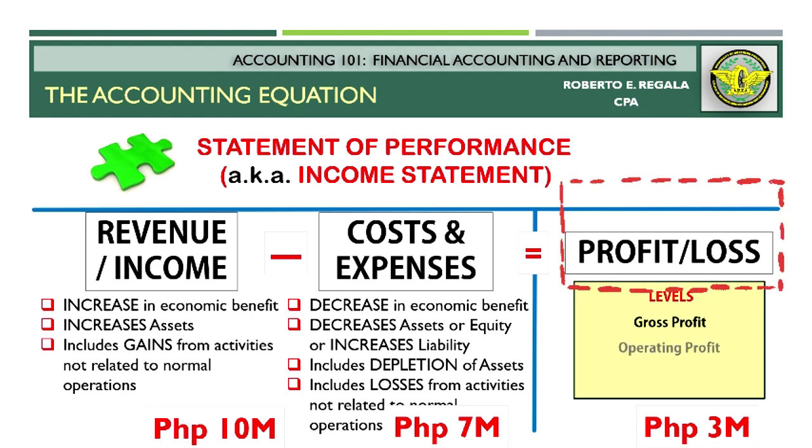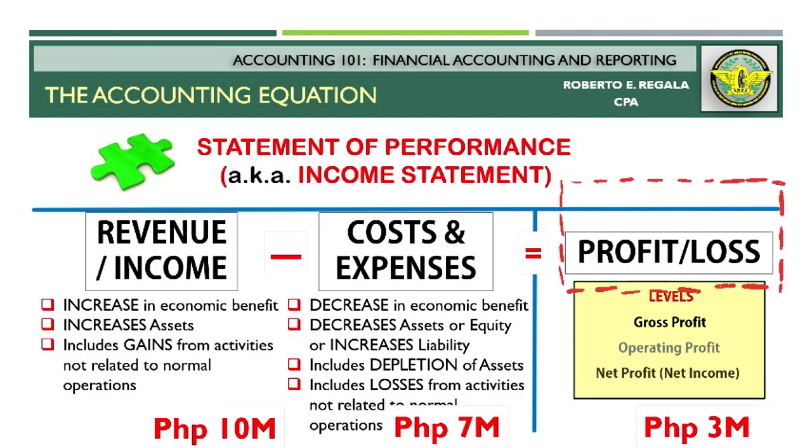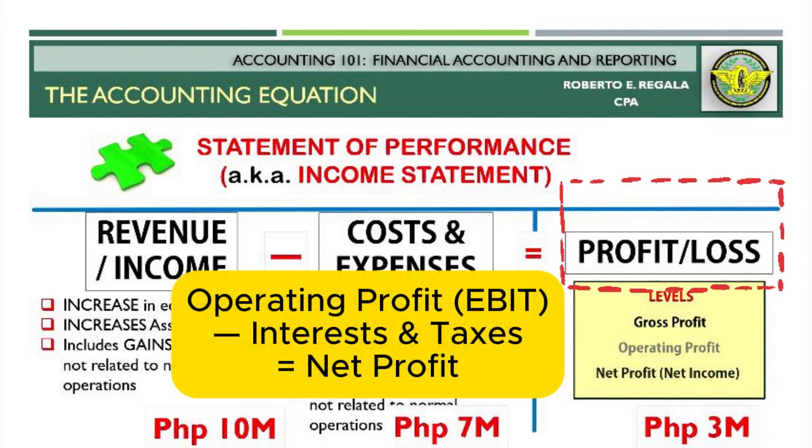Operating profit, also known as earnings before interest and taxes or EBIT, is calculated by subtracting operating expenses from gross profit, offering a view of the profitability from core business activities. Finally, net profit or net income is the bottom line and represents the profit after accounting for all expenses, including taxes and interest, providing a comprehensive measure of the entity's overall profitability.